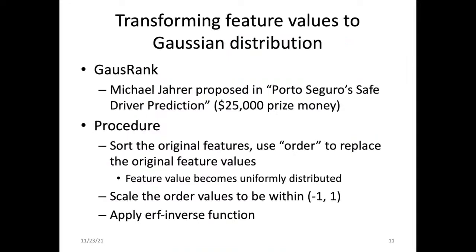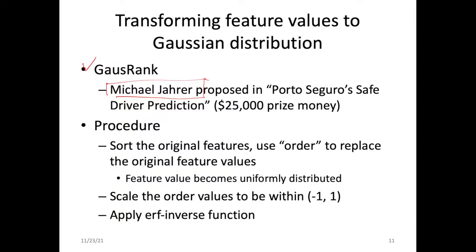Okay, this is yet another very interesting way to convert numerical features. It's called Gauss rank. This technique was proposed by a person who won a big competition a couple of years ago. In this competition, he won, and he didn't really use any fancy models at all. He used some of the popular models, but nothing fancy.